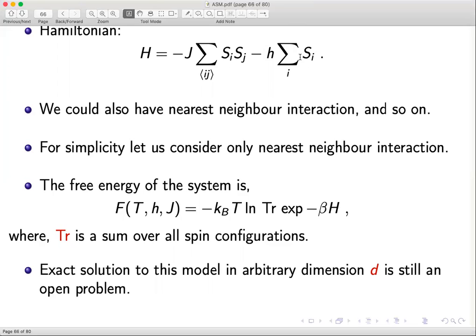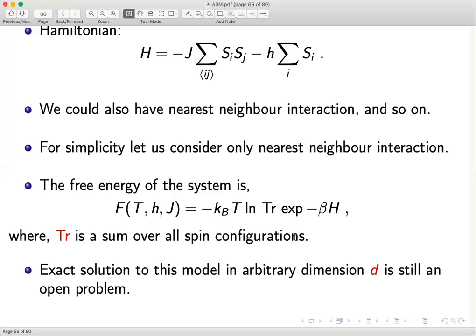Earlier, of course, we knew how many spin configurations were available. They were just 2 to the N. In this case, the spin configurations that you could have are part of 2 to the N, but they would contribute different sets of energies.